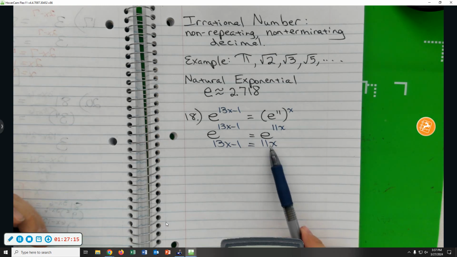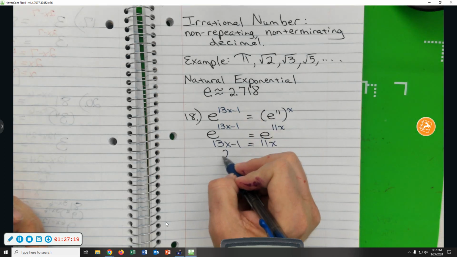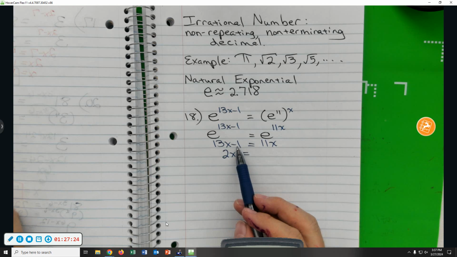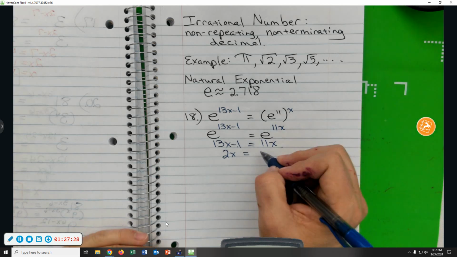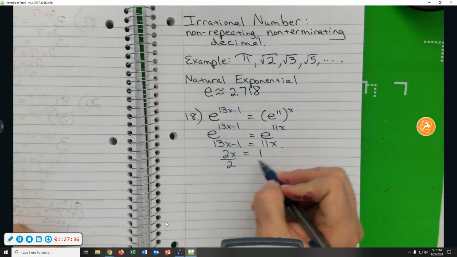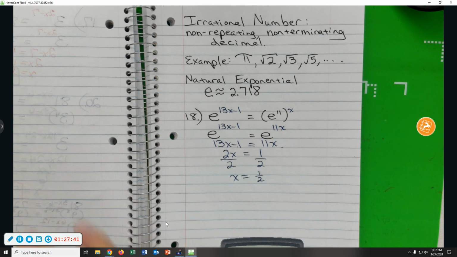I think I'll subtract 11x from both sides to get a 2x here. What do you think I'm going to do with that minus 1? Add it over to give us a positive 1, and then divide by 2 to give us x equals 1/2.